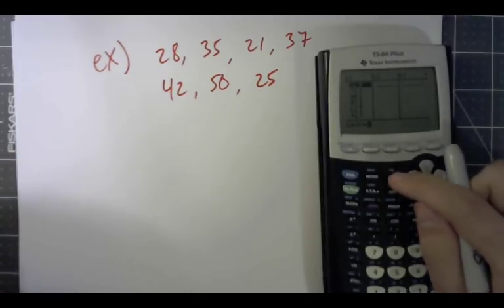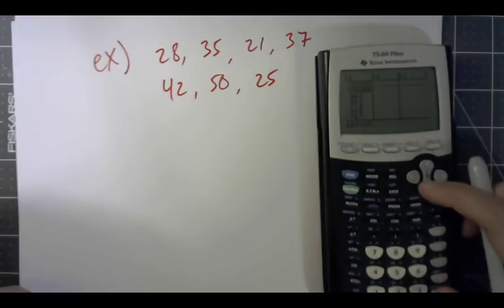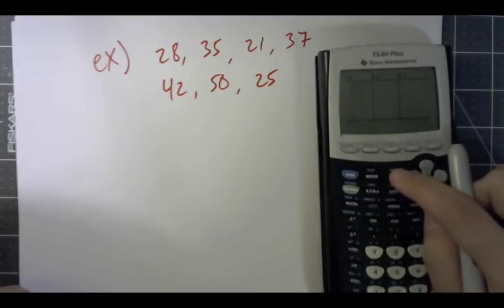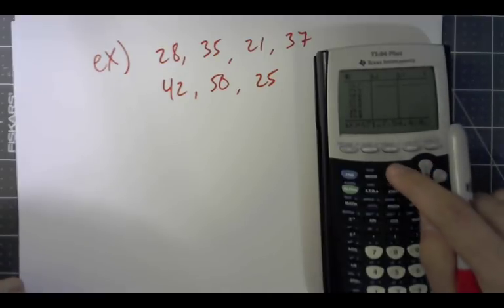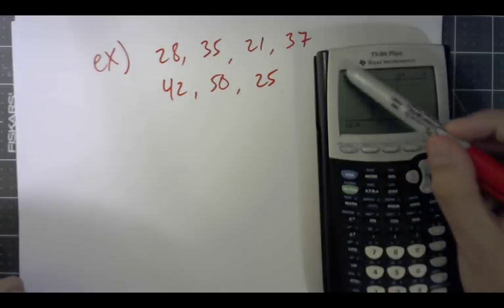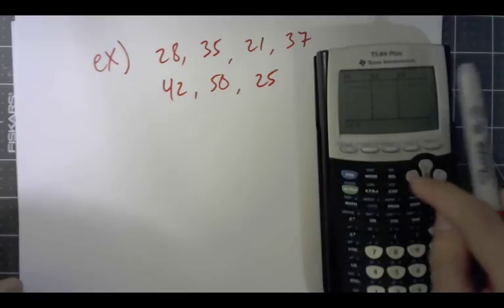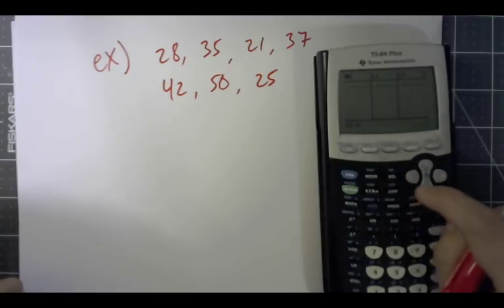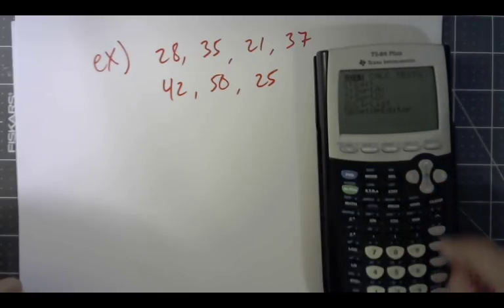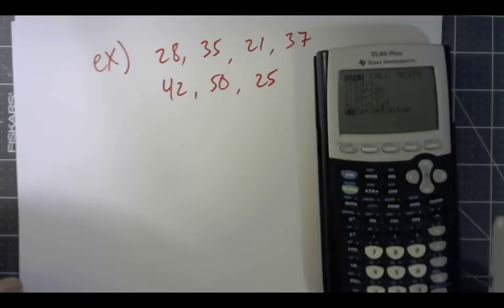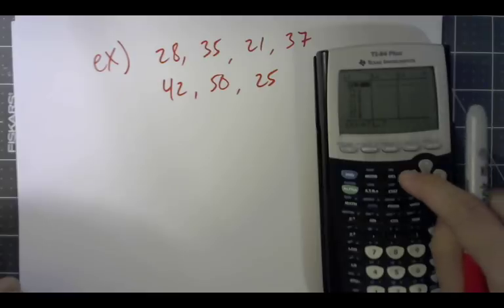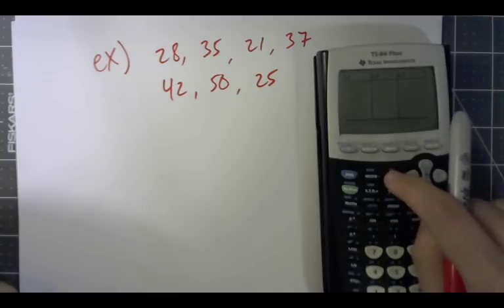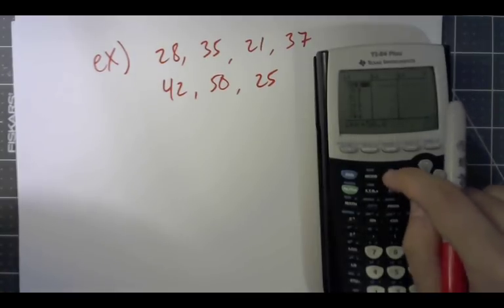You're going to need to delete each of these. If for some reason you delete the whole L1, so now we only have L2 here, we can't get back to L1. We're going to go to Stat and Setup Editor. That'll bring L1 back to us. So if you ever delete L1, you can get that back with Setup Editor.